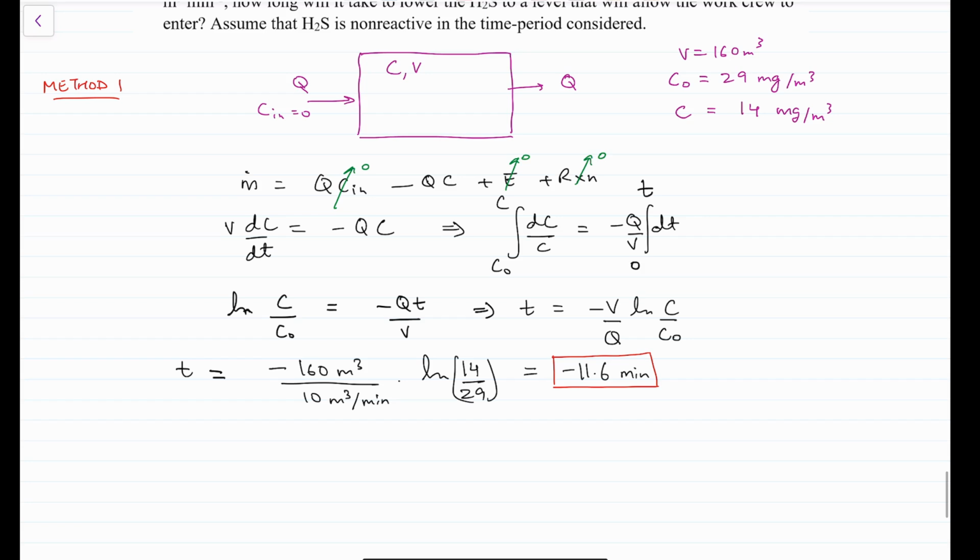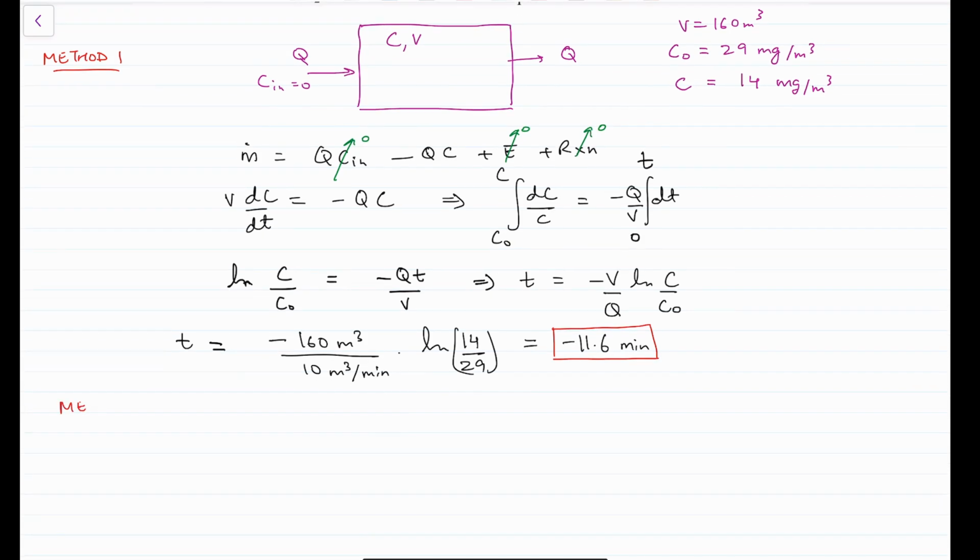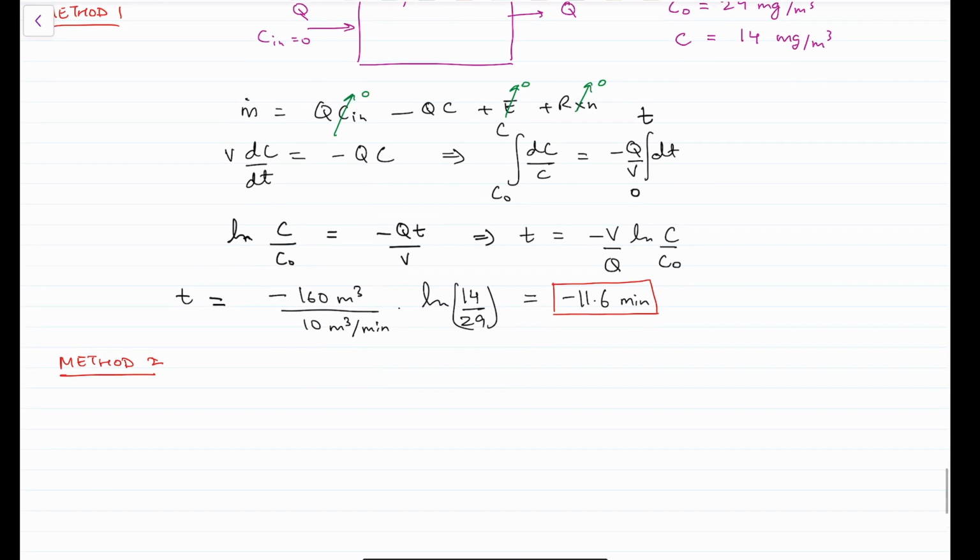But for method 2, you could also just use the equation that we derived. Let's write that down again. The equation was C(t) is equal to C naught e to the power minus Bt plus A over B times (1 minus e to the power minus Bt). And what were A and B?